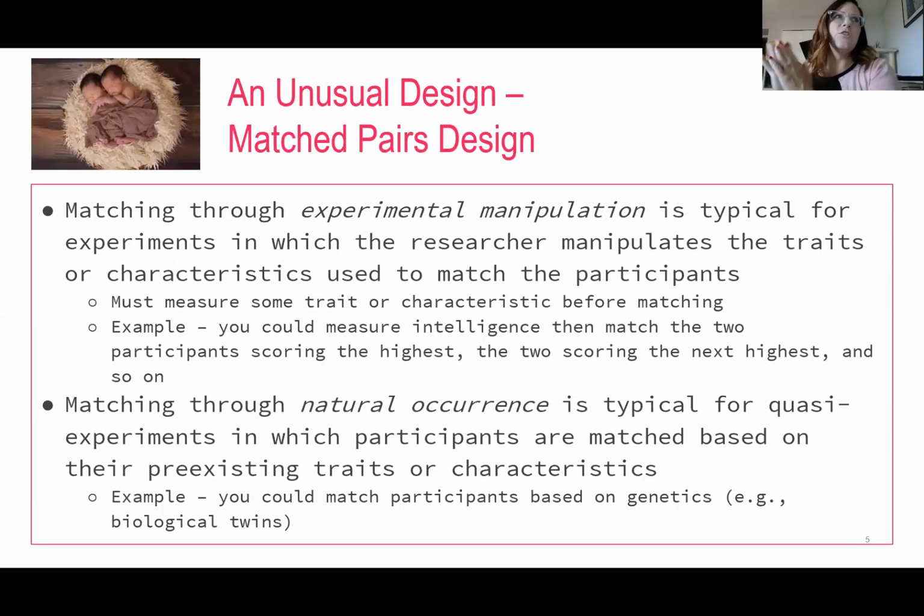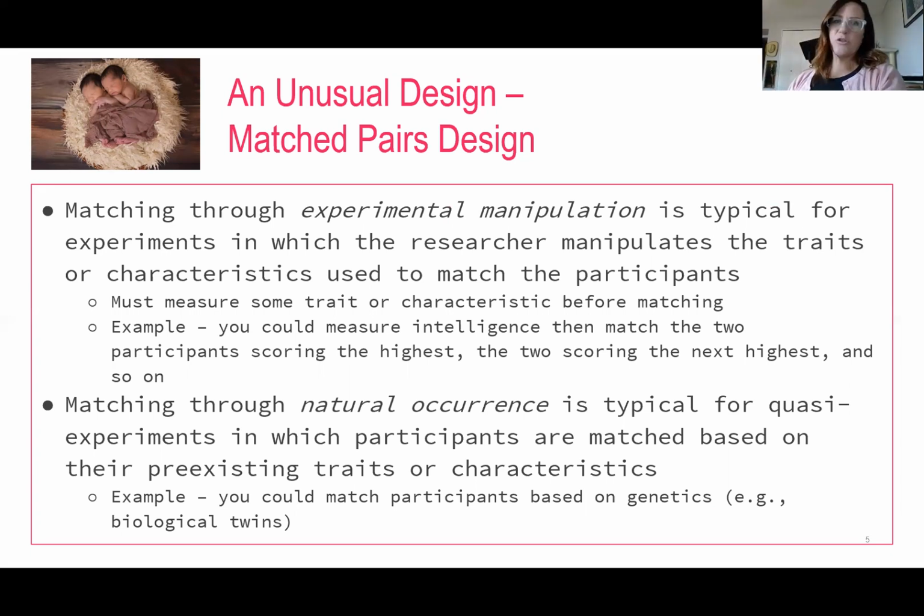So here's that unusual design that I was talking about, which is called a matched pairs design. So this one, if I was to give you a research scenario and you told me this was a related measures t-test, you'd be wrong, because specifically we have to state that it's a matched pairs design, because ultimately we're using different people, but they're matched either through experimental manipulation or a natural occurrence.